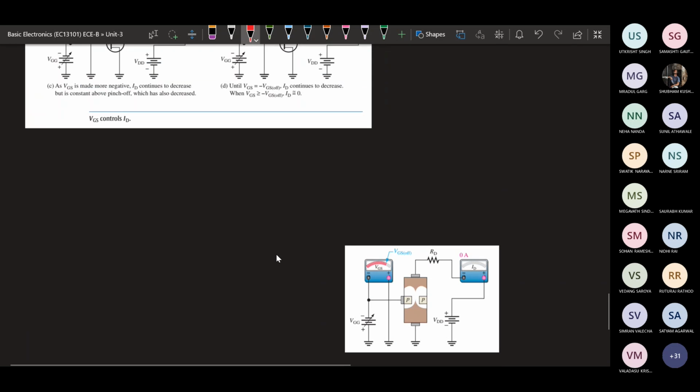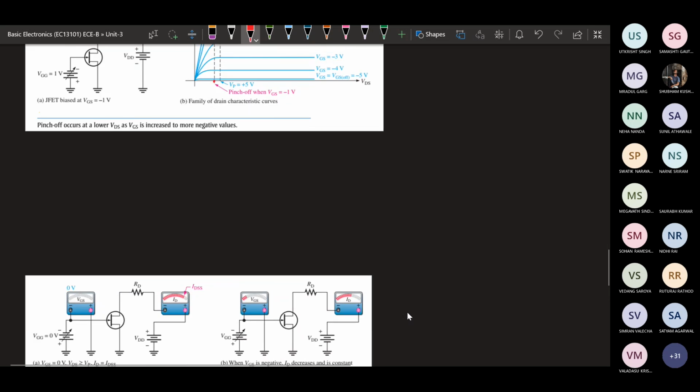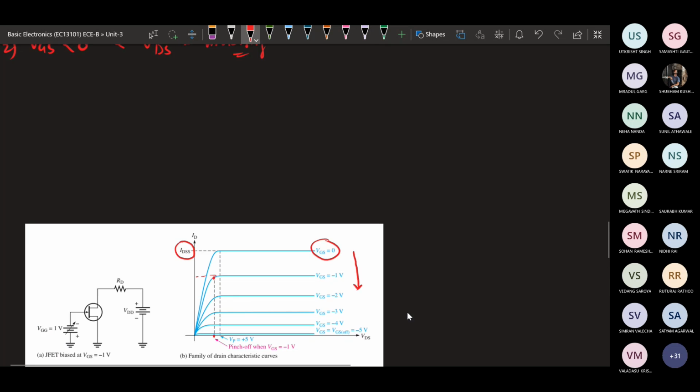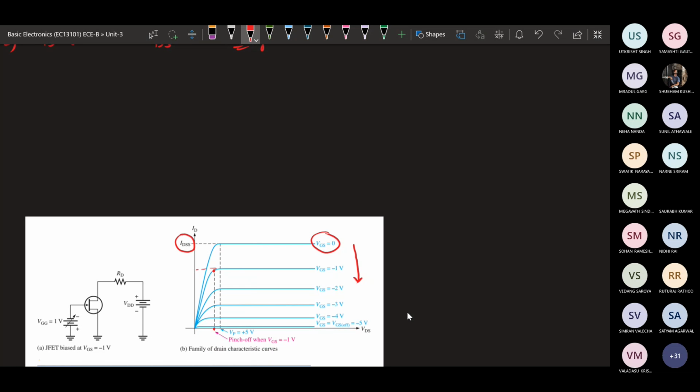Let us explain this. One point is pinch off. Pinch off occurs when VGS is equal to 0 and VDS is equal to VP.